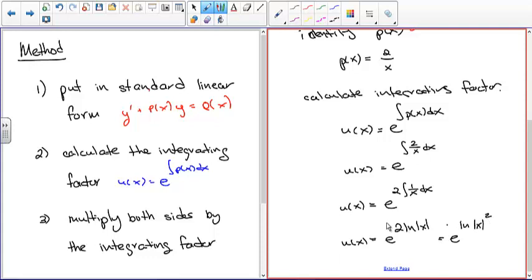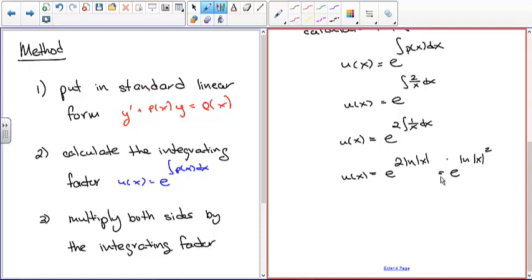So this factor out front becomes the exponent. Now I can use the inverse properties of logarithms and exponents. So e to the natural log of x squared is going to be x squared. I can get rid of the absolute value sign because once you square it, it doesn't matter whether it's positive or negative anyway. So this is my integrating factor.